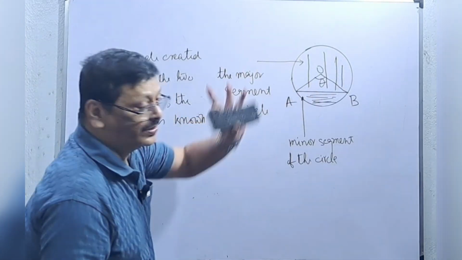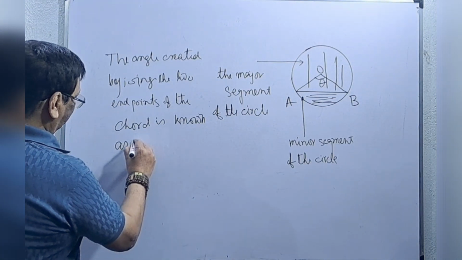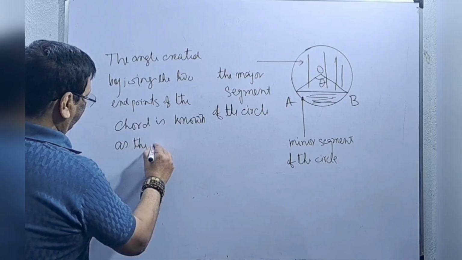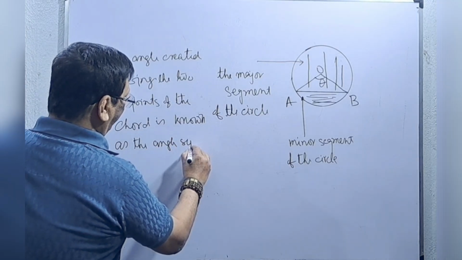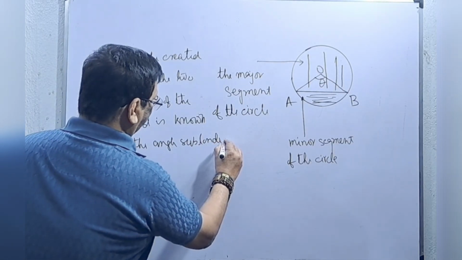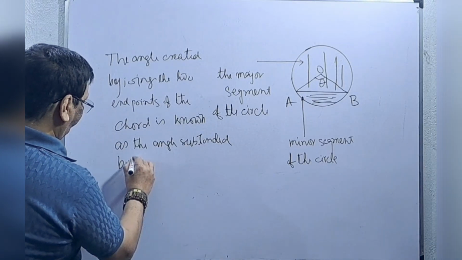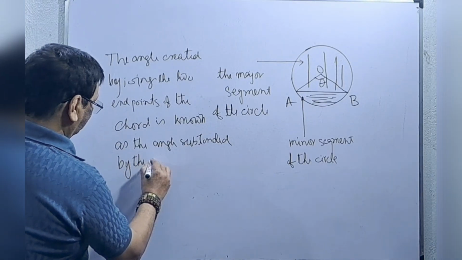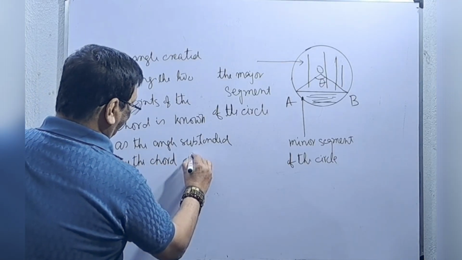What is the name of this particular angle? It is known as the angle subtended by the chord at the center.